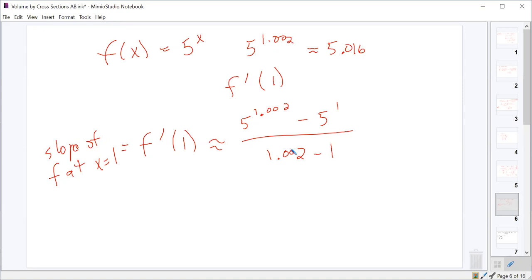That's just an average rate of change type thing, which gives us 5.016 minus the 5 over the 0.002. And if we simplify that out, we've now got 0.016 divided by 0.002, which comes out to be, what does that simplify down to? Looks like that should be 8.